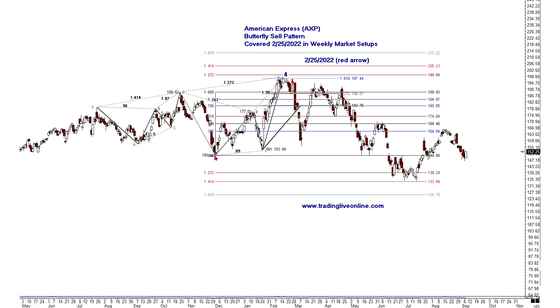Notice how it comes down, finds support here, rallies up, then breaks the support back up. So lots of different patterns within this, but I wanted to point out the butterfly pattern so you can really understand it. Important structure, A, B, C, D. The CD extends beyond the X point.